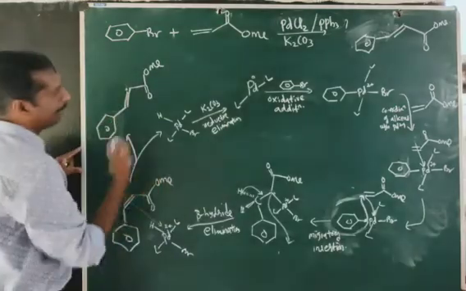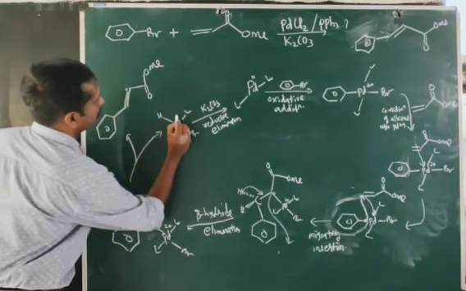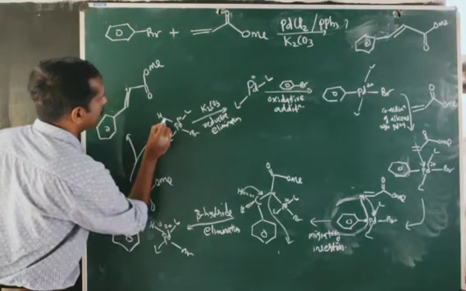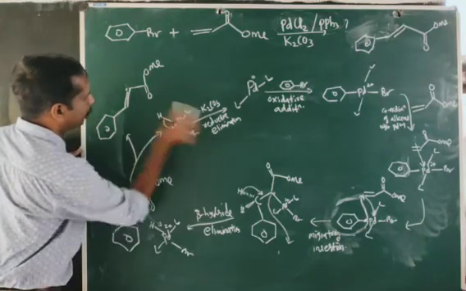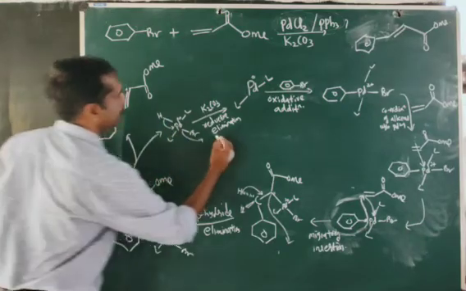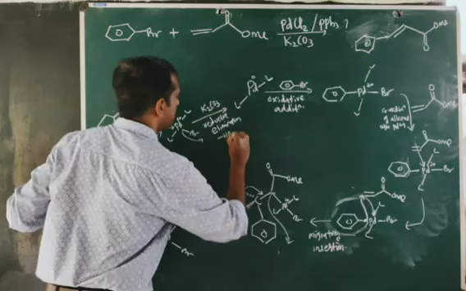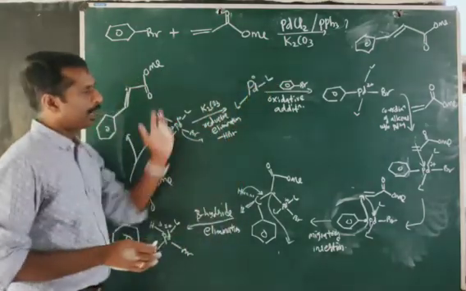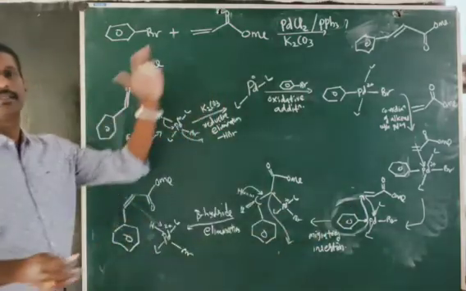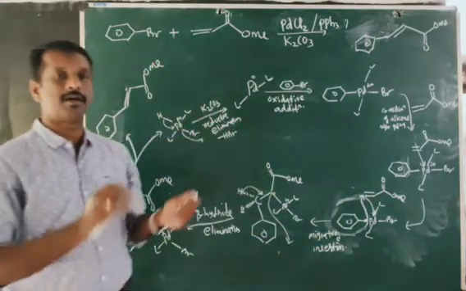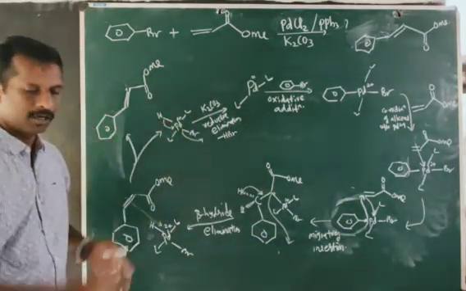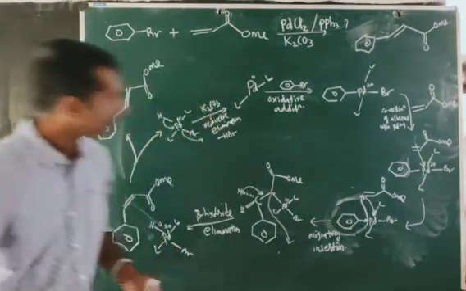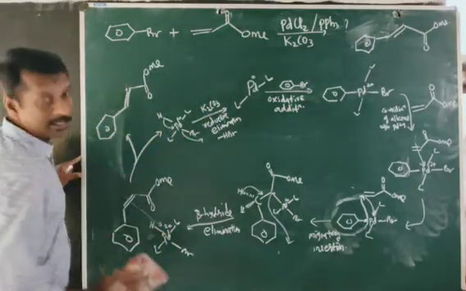During reductive elimination, this bond breaks, this is Pd2+ only. Minus H+ and minus HBr are eliminated, and palladium 2+ changes back to palladium 0, and the cycle continues. This is the mechanism of the Heck reaction. I think it is clear to you.